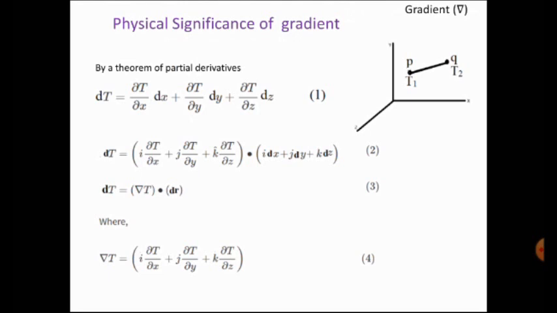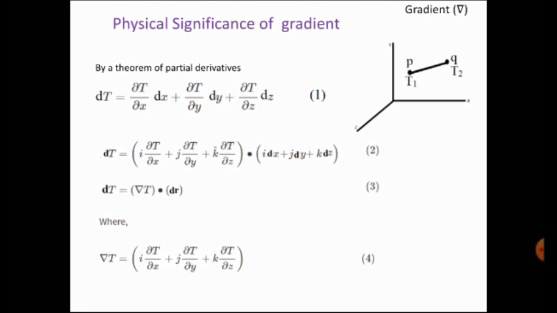Now dT is equal to del T dot dr, where del T is equal to i into dou T by dou x plus j into dou T by dou y plus k into dou T by dou z. Del T is known as the gradient of T. Clearly, del T is a vector quantity derived from the scalar field.